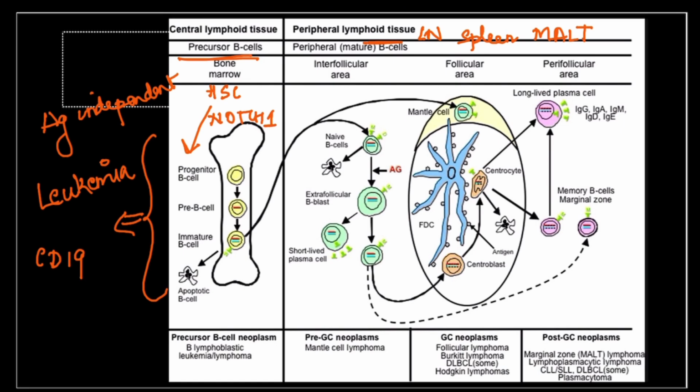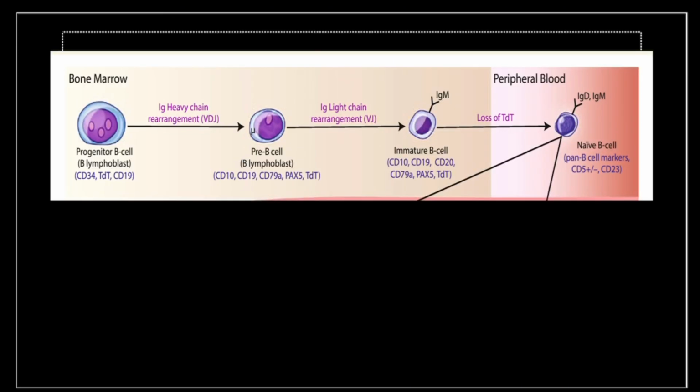Now look at the stages. The progenitor B cell is going to be positive for CD19, the pan B cell marker, and for other immaturity markers, that is CD34, HLA-DR, and TdT.